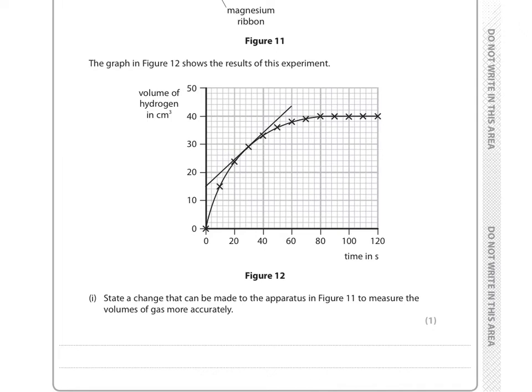It says, state a change that can be made to the apparatus in figure 11 to measure the volumes of gas more accurately. Well, you could use a gas syringe instead of collecting it through water.